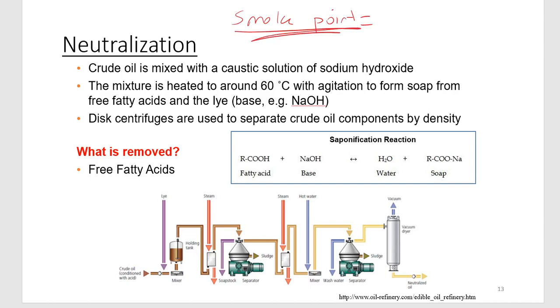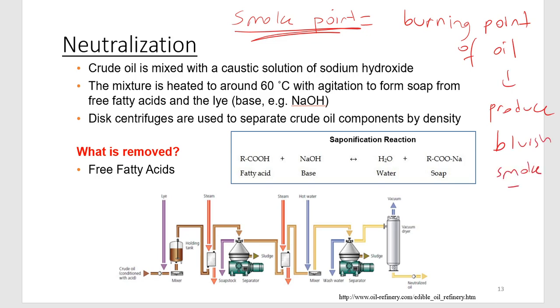The smoke point is also known as the burning point of oil or fat. It's the temperature at which it begins to produce a continuous bluish smoke that becomes clearly visible. So if we remove free fatty acids, we increase the smoke point of the oil.